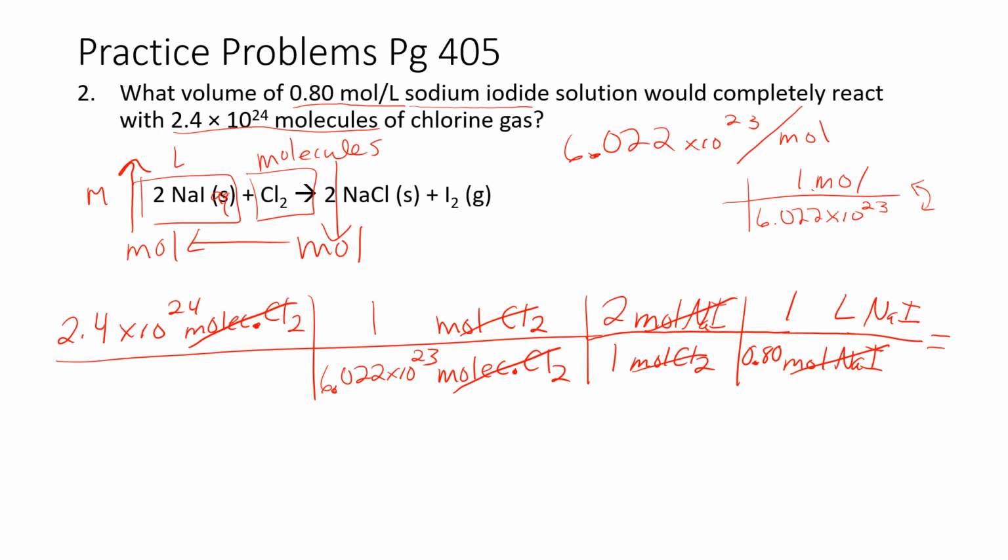Okay, so we end up with 9.96. So we're going to have to round that. That would round to 10. So we'd have 10 with a decimal liters of sodium iodide solution.